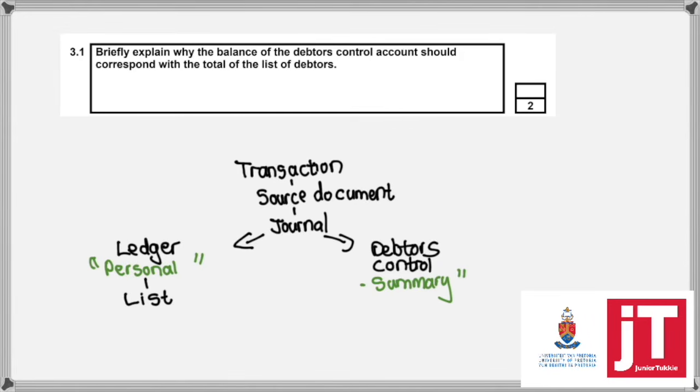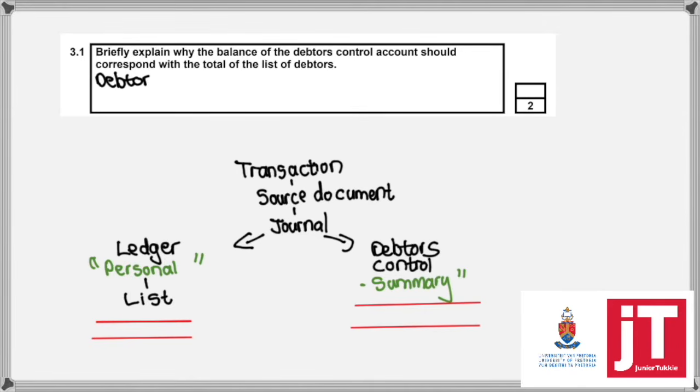And from the ledger, we compile the list. But now also, from the journal, we post the totals to the debtors control account. And what is the purpose of the debtors control account? It's a summary of all my debtors. If I've done this process correctly, the list must be equal to the control account.